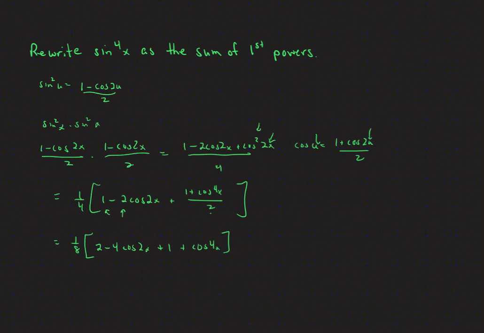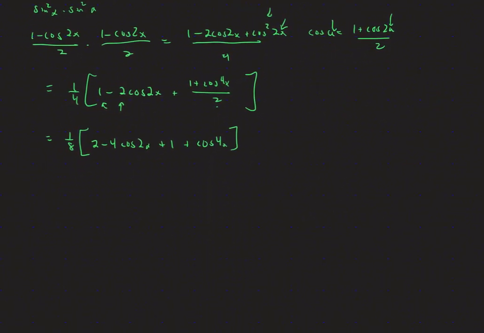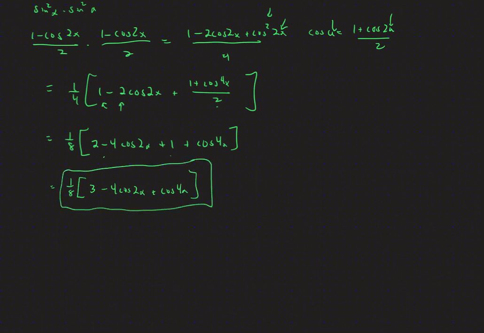We're almost there. Now we can write that as the 1/8 times, we can combine the 2 and the 1, 3 minus 4 cosine 2x plus cosine 4x. Wow, that was an ordeal. All right, we're good to go.